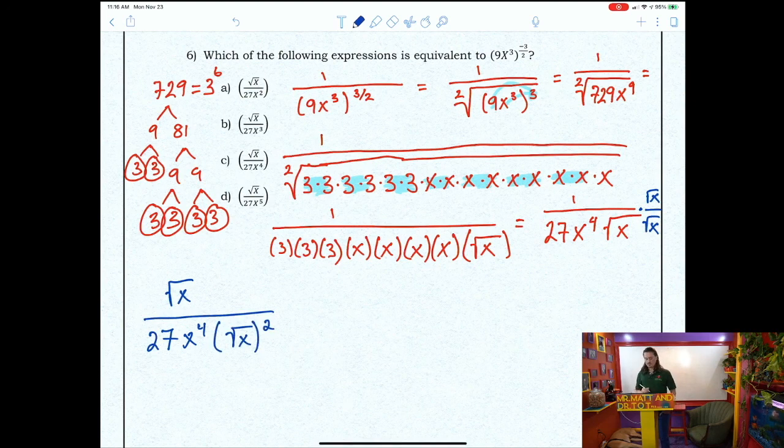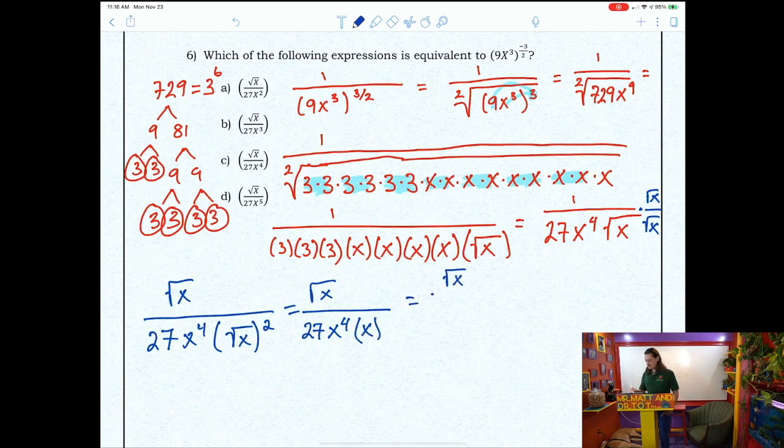That cancels because the square root and squaring are opposite operations. So that leaves me with the square root of x over 27x to the fourth. Because the square root and the square cancel with each other, that turns into just x. So your final answer here is going to be the square root of x over 27x to the fifth. And that's answer selection D.